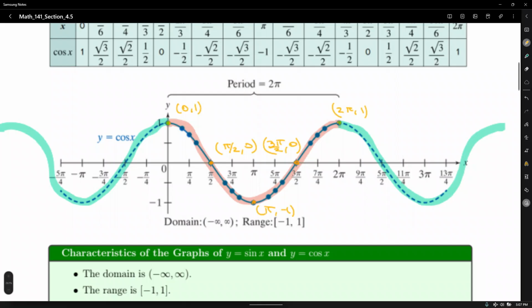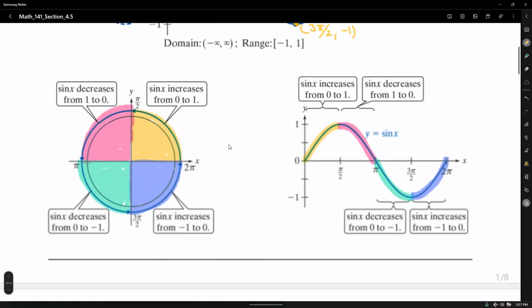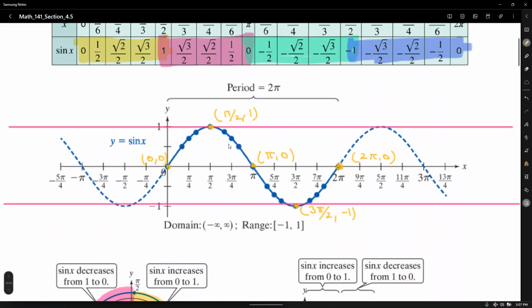These are not points that you have to memorize, but after some practice, you will be memorizing these values. They're easy to come up with by simply looking at the shape of the graphs. So what are the differences between the sine function and the cosine function, even though their overall shapes look exactly the same? Number one, the sine function starts at the origin 0, 0, increases, decreases, and increases again.